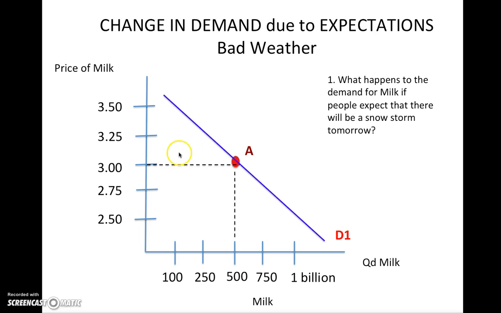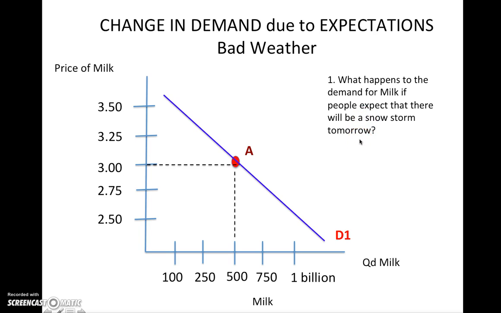So in this example, this graph is the demand graph for milk. You have, once again, on the y-axis the price of milk, and on the x-axis the quantity demand for milk. D1 is the demand curve for milk, price of $3, and quantity demand of 500. Question number one, what happens to demand for milk if people expect that there will be a snowstorm tomorrow?